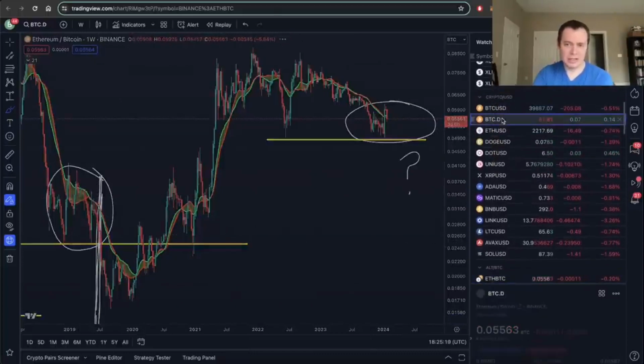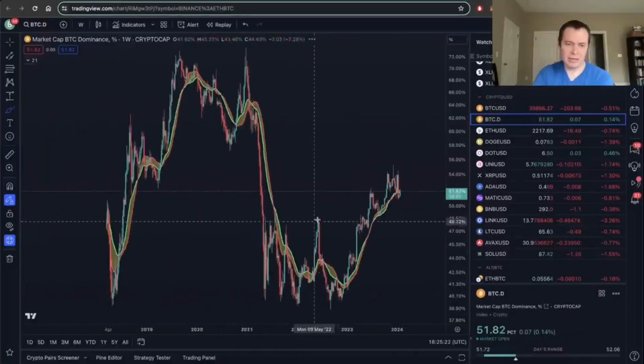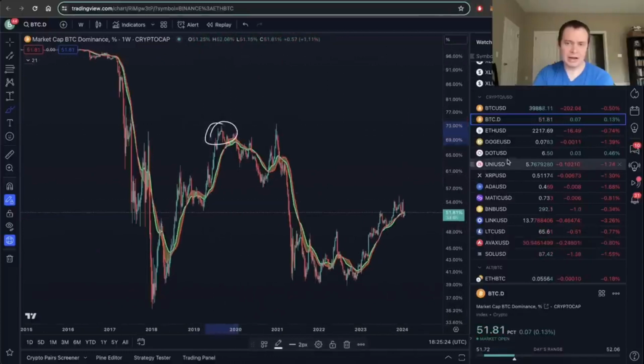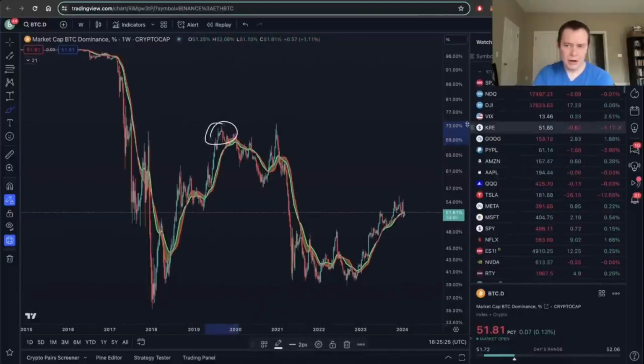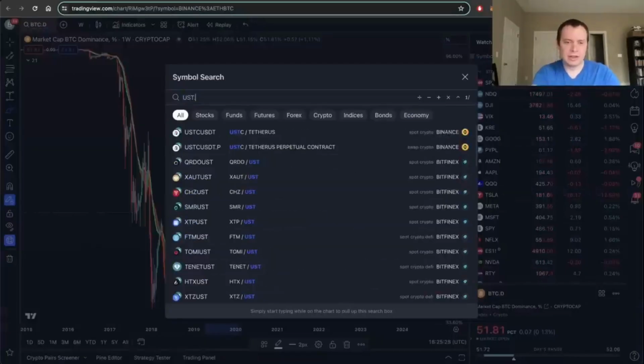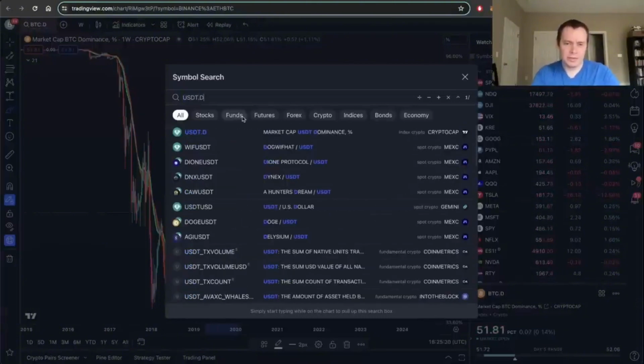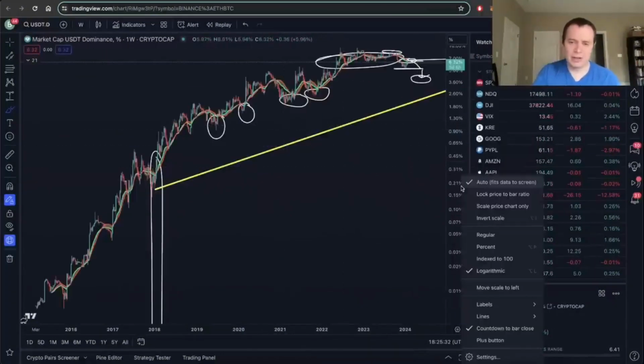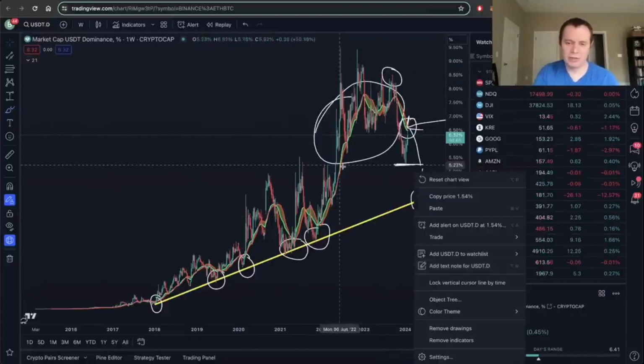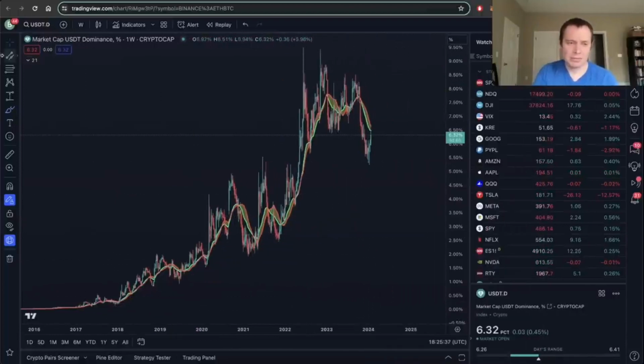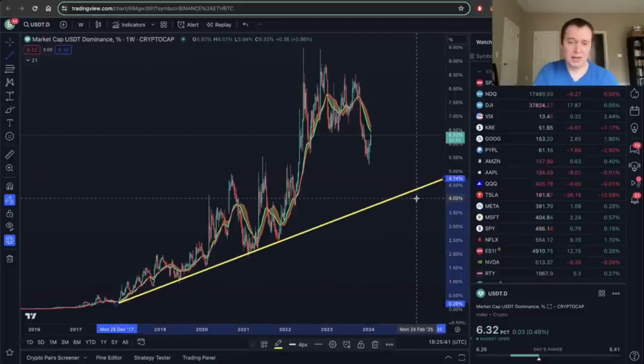And just a little bit after that, that was where Bitcoin dominance topped out. So hopefully we can use this in the future to better understand when larger corrections in the cryptoverse might occur, just simply looking at a trend line on USDT dominance.